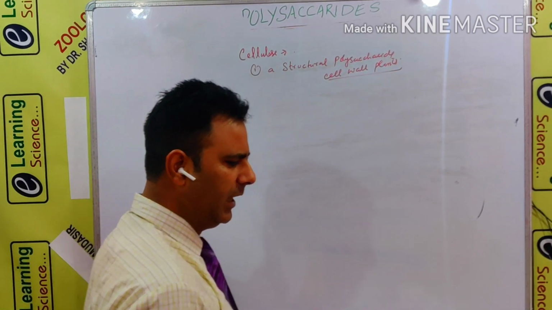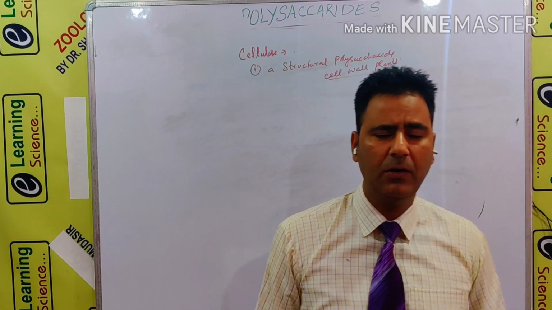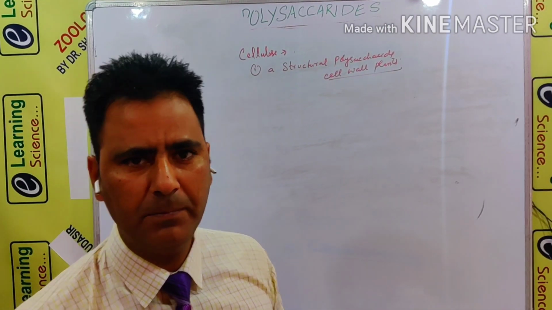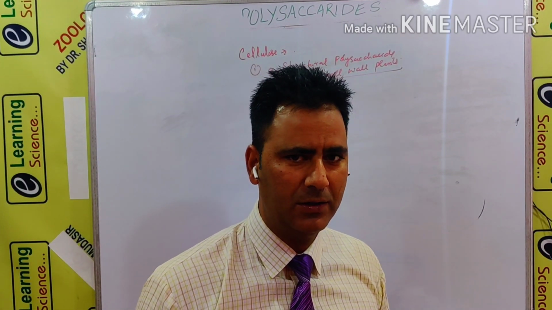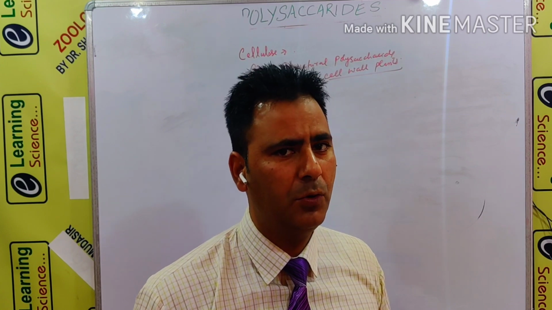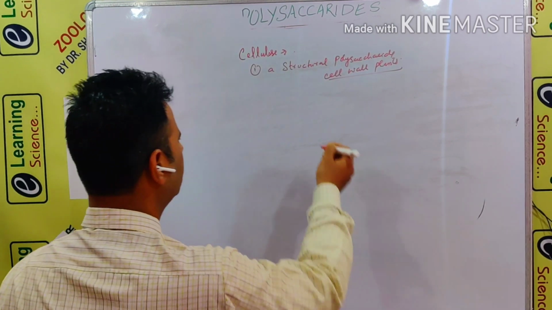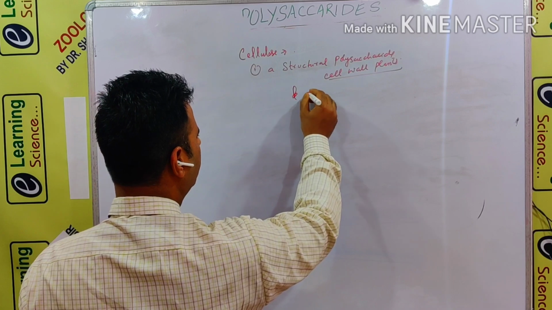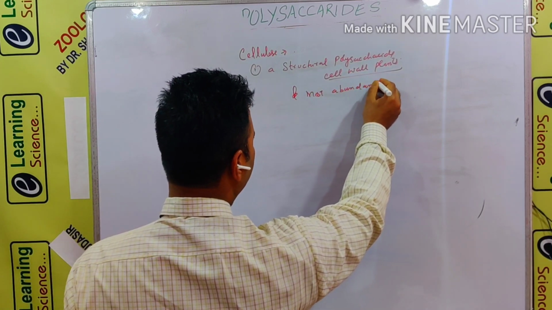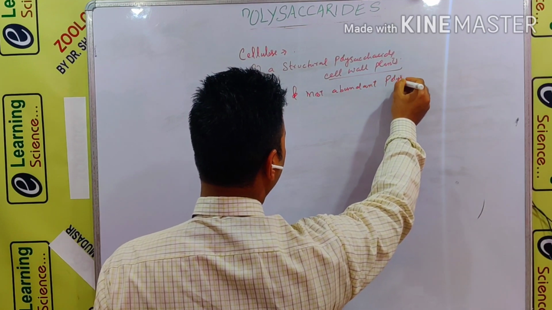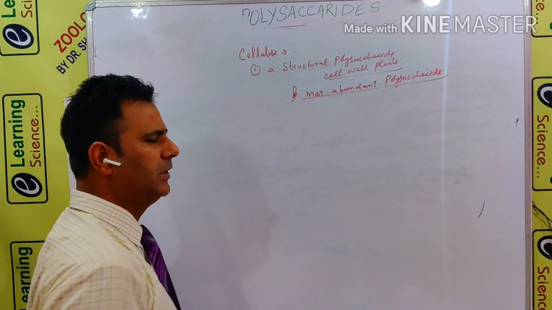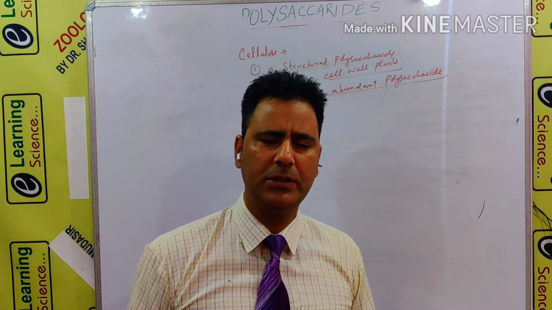Therefore, we have a large number of flora as compared to fauna. So we have more cell walls because plants are abundant everywhere. We have more plants and we have more cellulose in the world. Therefore, it is the most abundant polysaccharide among all polysaccharides in the world.